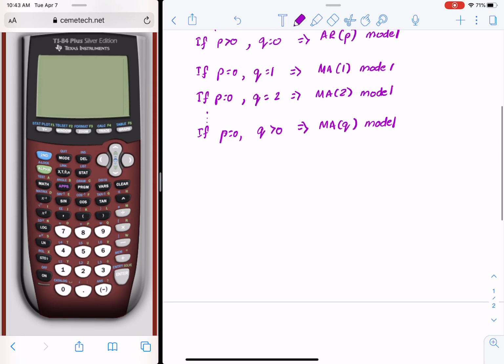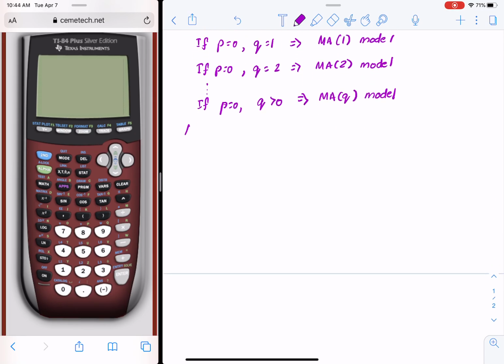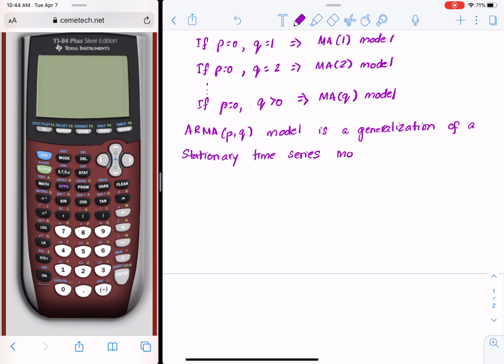So by all means, an ARMA model is a generalization of a stationary time series model.